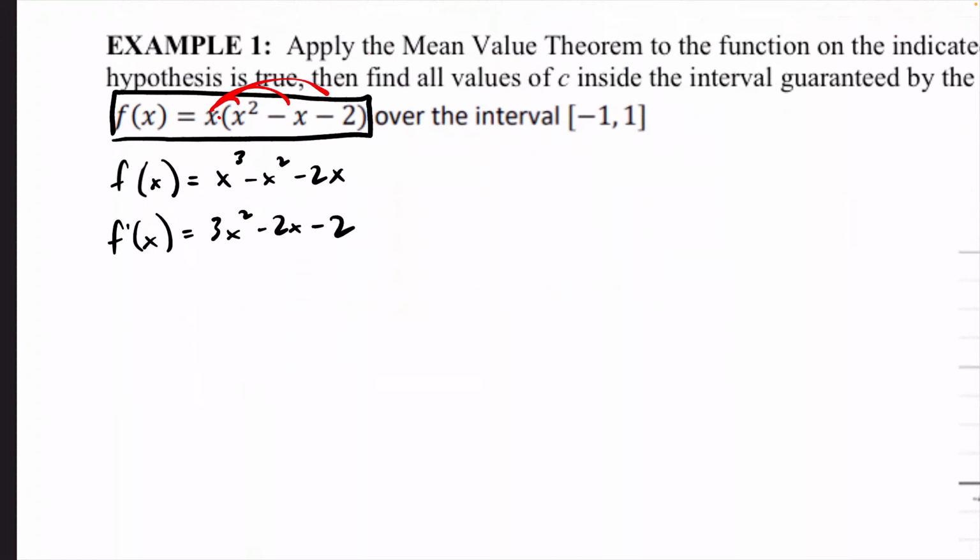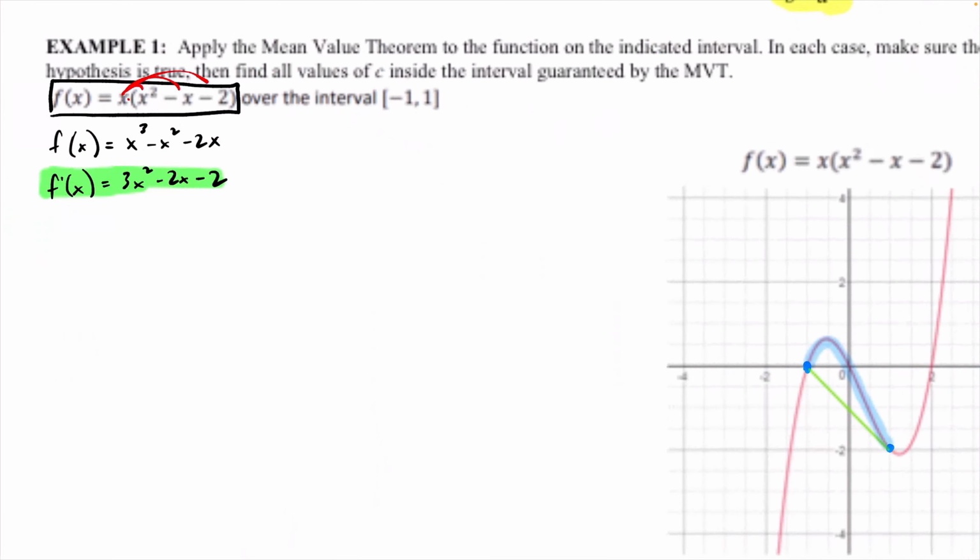Okay, so that's part of our answer, that's half. The other half is the average rate of change. What is the average rate of change from the beginning of the interval to the end of the interval? So to do that, we're going to use our slope formula: y2 minus y1 over x2 minus x1.